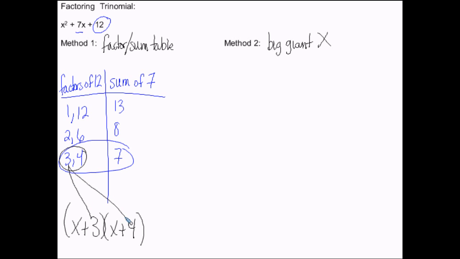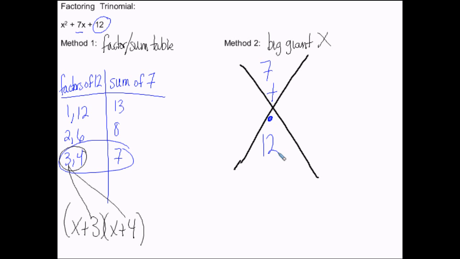Now, my favorite way to do this is what I call big giant X. So first we make a big giant X. And then I put a plus and a multiplication. And then it's a puzzle. I'm looking for two numbers to go here and here on the sides of the X that when I add them, I get 7, and when I multiply them, I get 12.